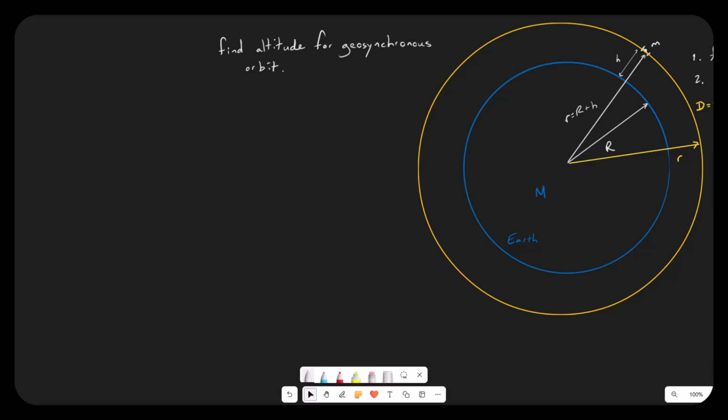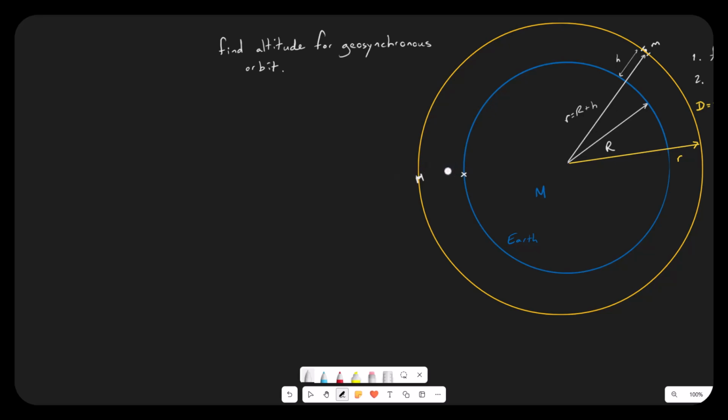So I should talk for a moment about just what geosynchronous orbit is. We use this for satellites. It is the idea that there is a spot on the surface of the Earth and that we have a satellite that stays directly above that spot. This is really helpful for navigation and for setting up any kind of signal relay, right?